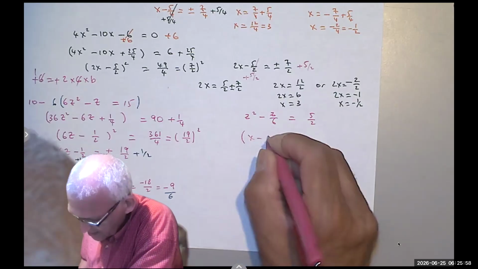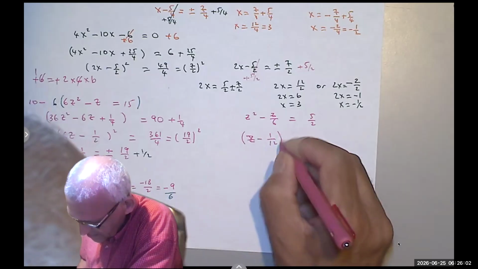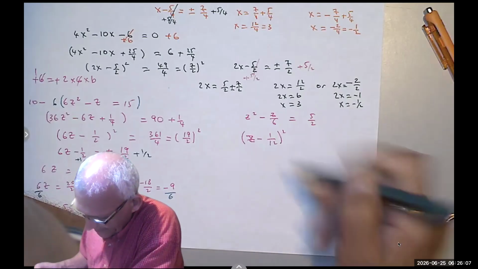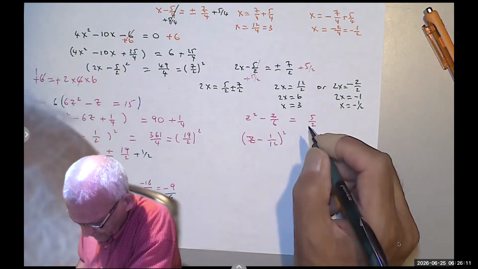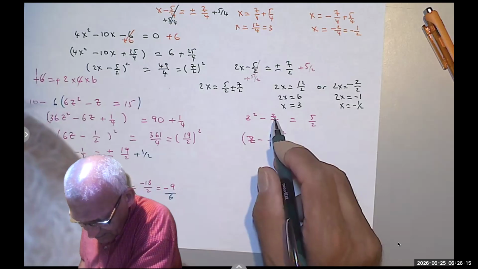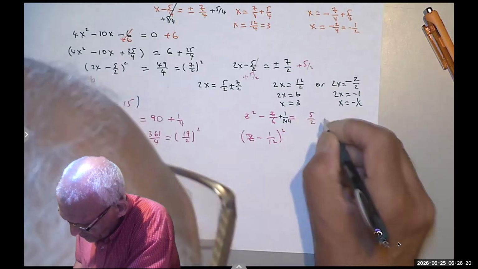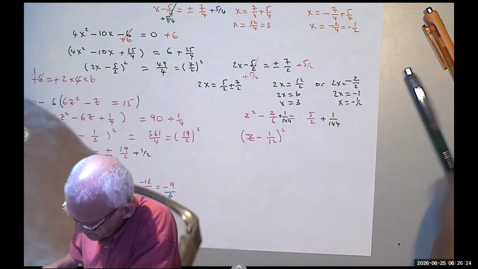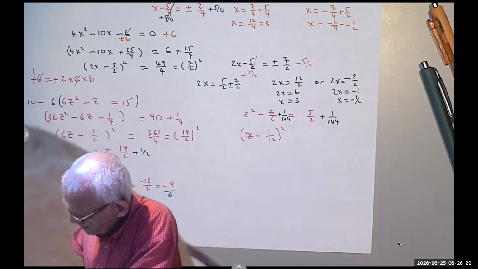It becomes, I'm sorry, z minus 1 over 12 squared. But by doing that, I have to add 1 over 144. Am I doing the math correctly? Yeah. So I have to add 1 over 144, 1 over 144. So that becomes the perfect square.